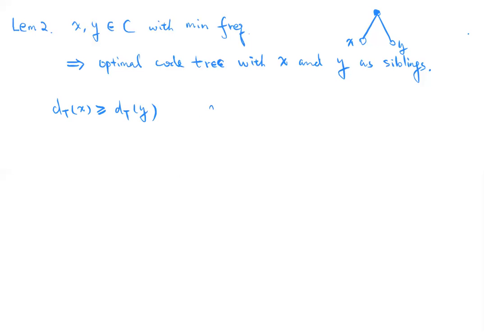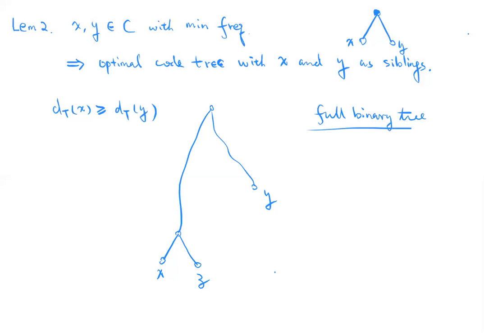So in the tree, x is lower, and y may be somewhere higher. So we have this situation. Now remember that an optimal code tree is a full binary tree, so every internal node has degree 2.